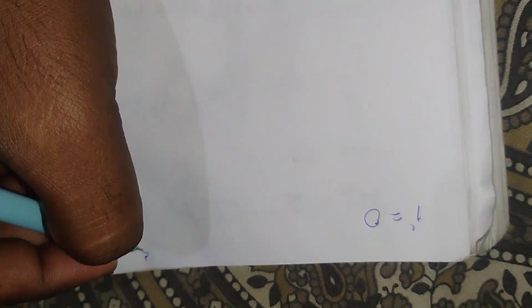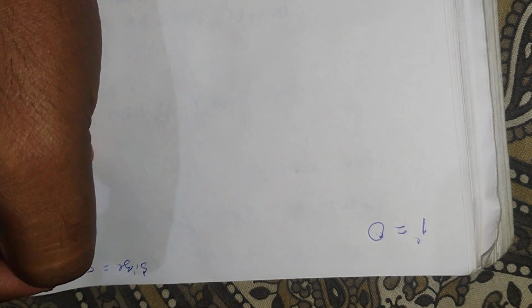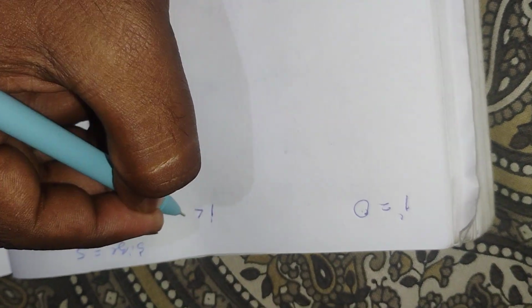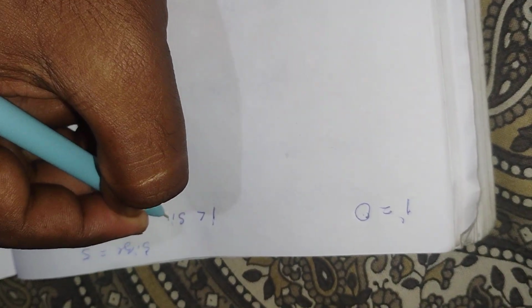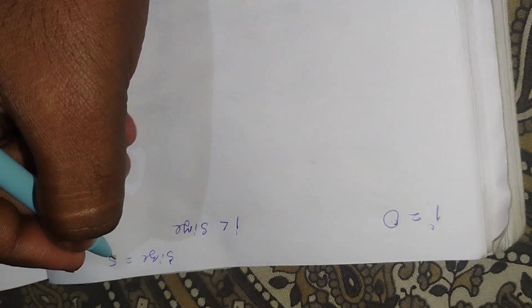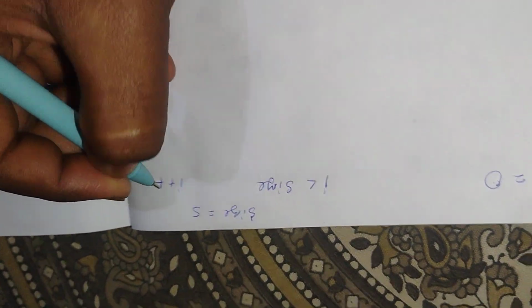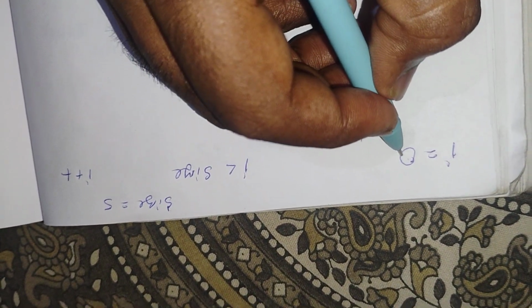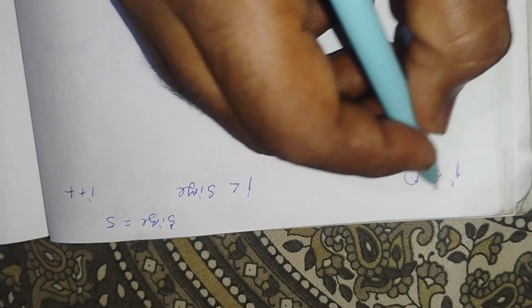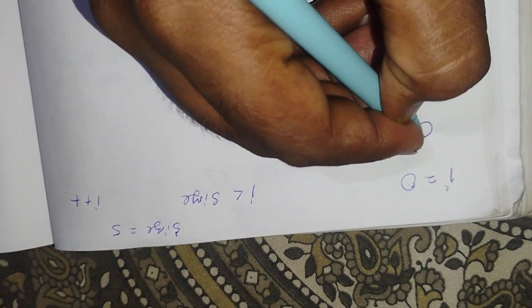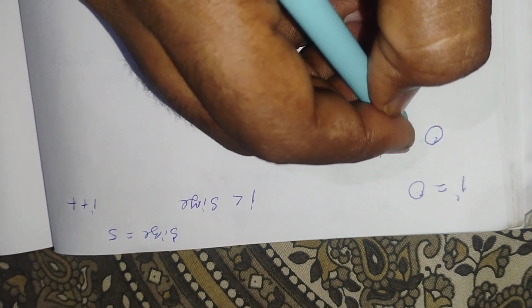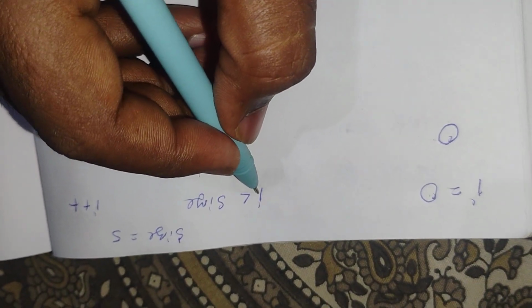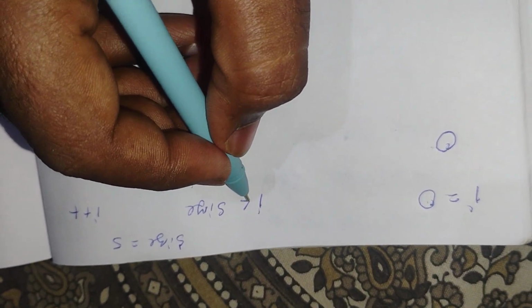If size is equal to 5, the condition is i is less than size, and then i plus plus. The initialization is 0, so we start from 0 and compare whether the condition is true or false.